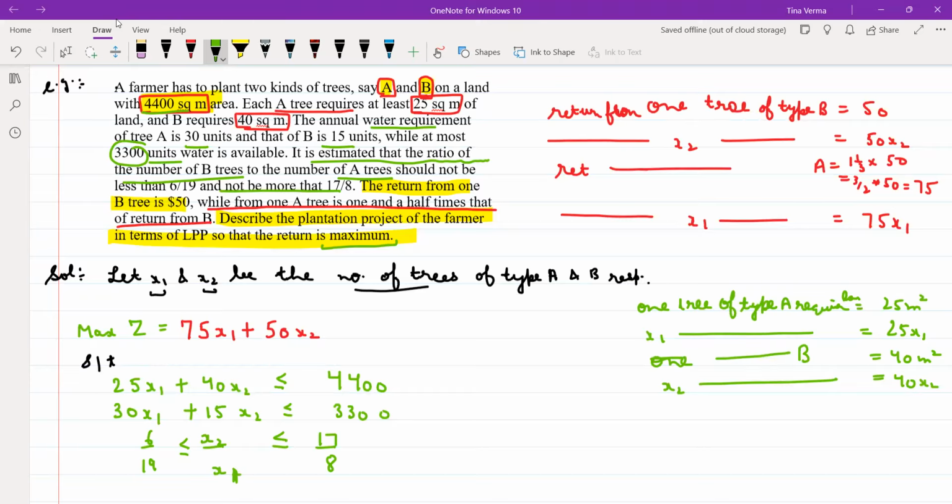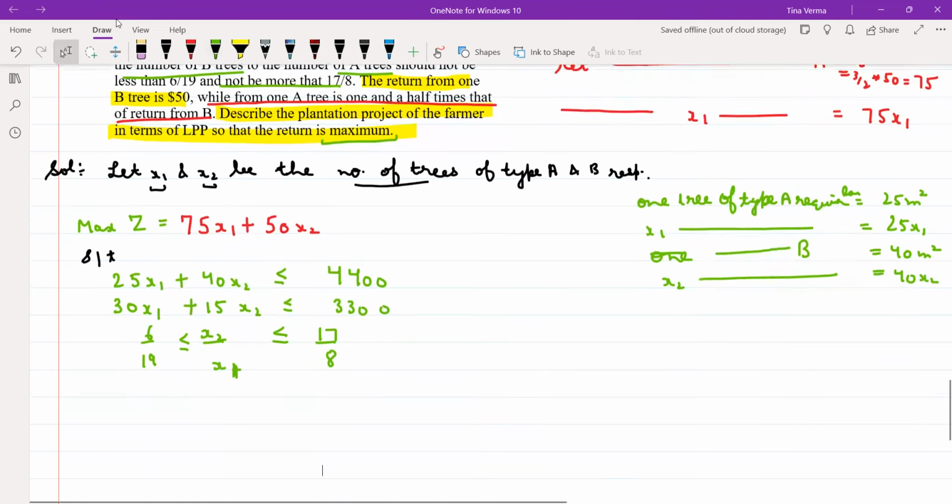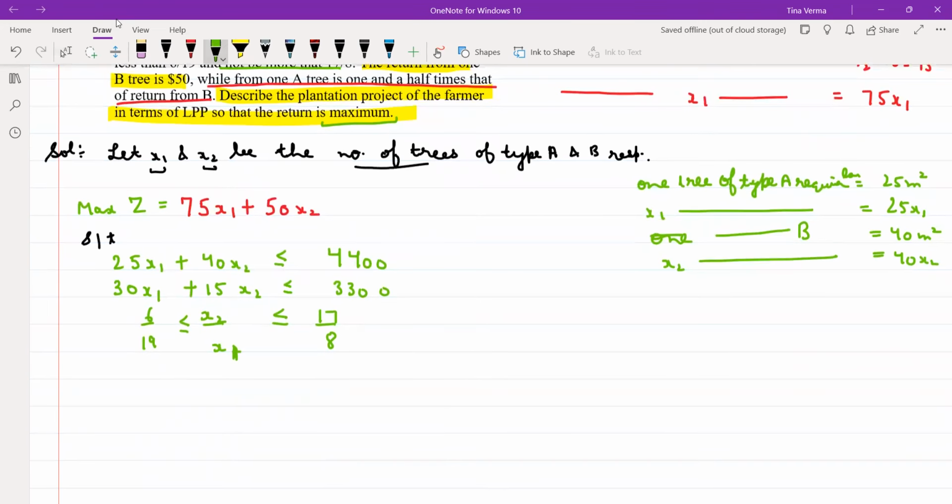So all the lines written over here you have solved. The next step is to give restrictions on your variables, right? Because you are planting trees, they cannot be negative. So first and foremost, x1 and x2 should be greater than or equal to 0.